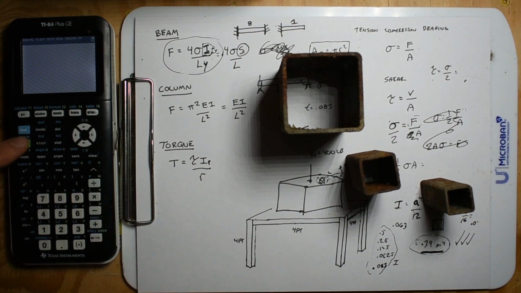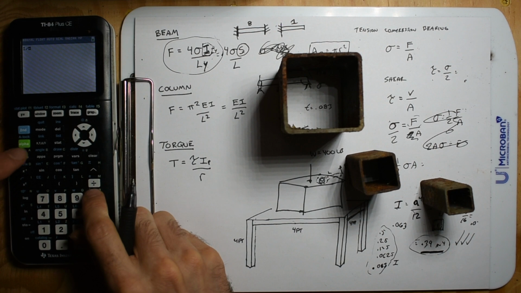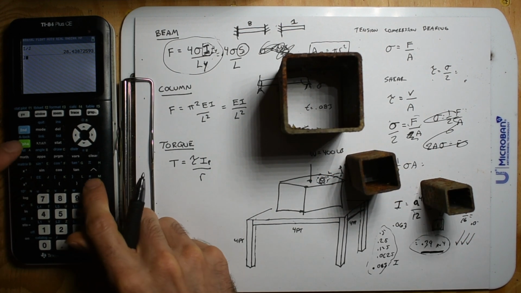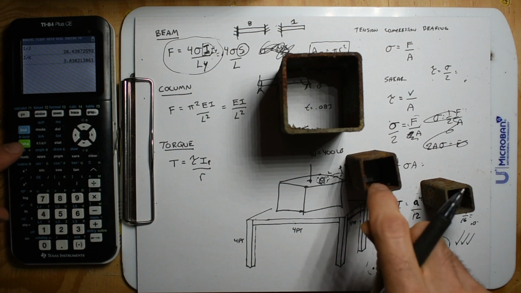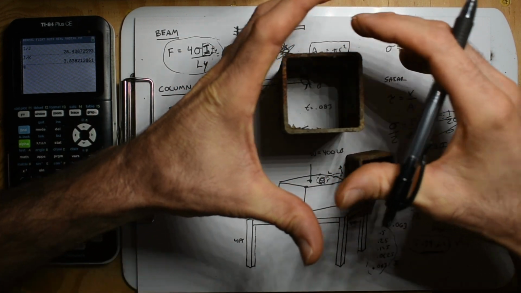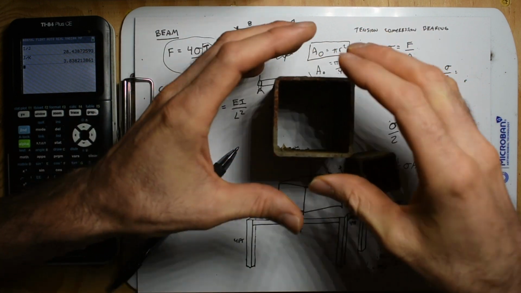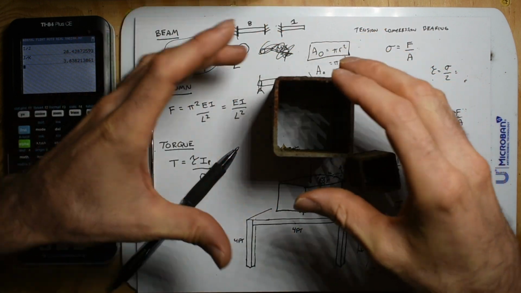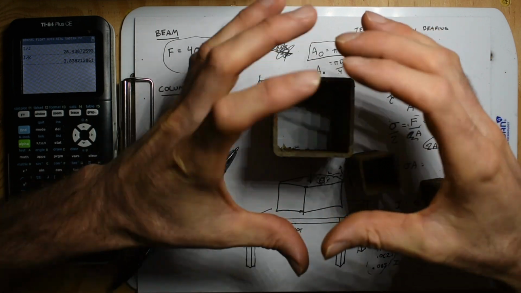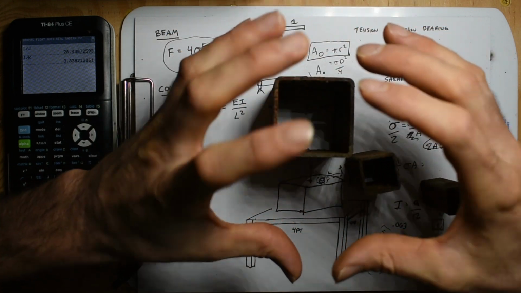So now we're going to say, hey, what is alpha I divided by alpha J? It's 20. This is 28 times this. And now alpha J divided by alpha K. This is only 3.8 times. So yeah, what this shape equation says is a real fundamental of material mechanics. Get that material way out, and it's super rigid and can take a lot of strength, can take a lot of bending moment.